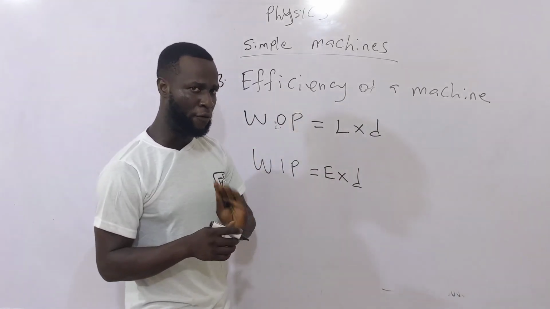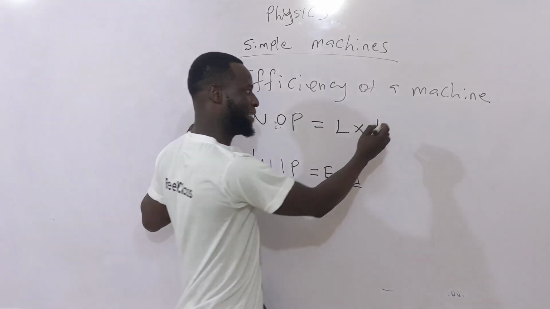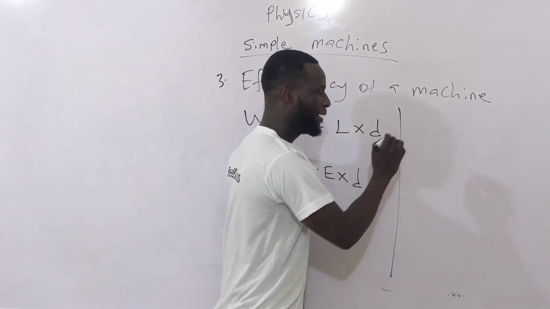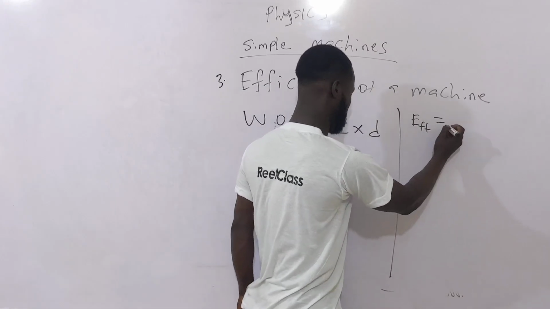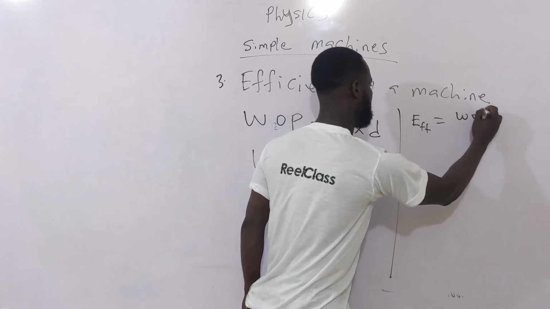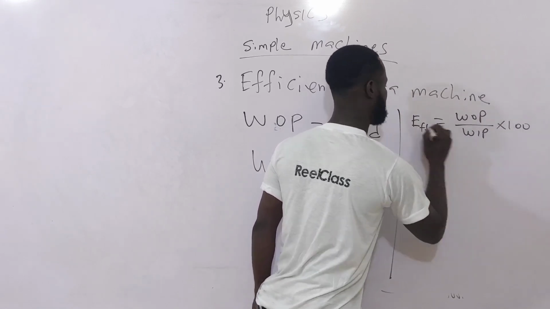Therefore, we have the following formulas for the efficiency of the machine. One of the formulas is that the efficiency of a machine is equal to WOP divided by WIP times 100.